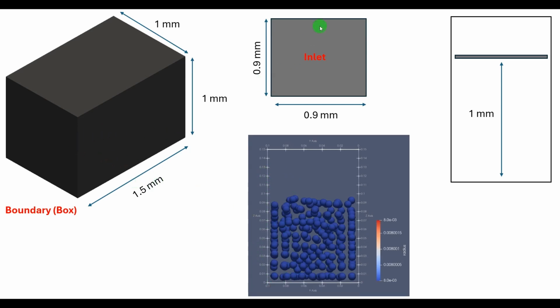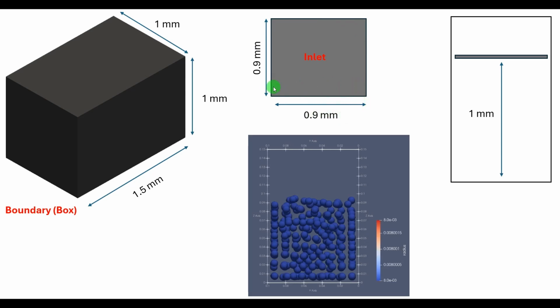And an inlet we have, as you can see in this figure, we put the inlet at the height of 1 millimeter, and it's up to you, and you can change the dimension and also the diameter, the dimension of the inlet can change, and it's up to you.